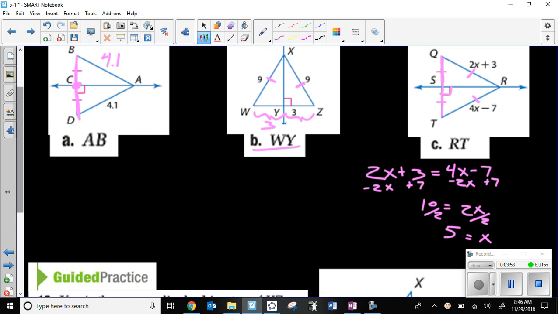We still want to find the value of RT. So I'm going to find RT from up above. It's right here. And I'm going to plug 5 into it. So 4 times 5 minus 7. 4 times 5 is going to get us 20 minus 7, which will therefore get us a value of 13 as your final answer.